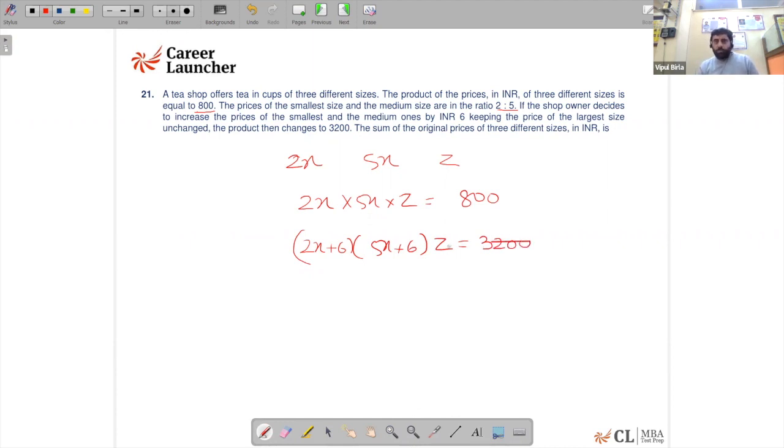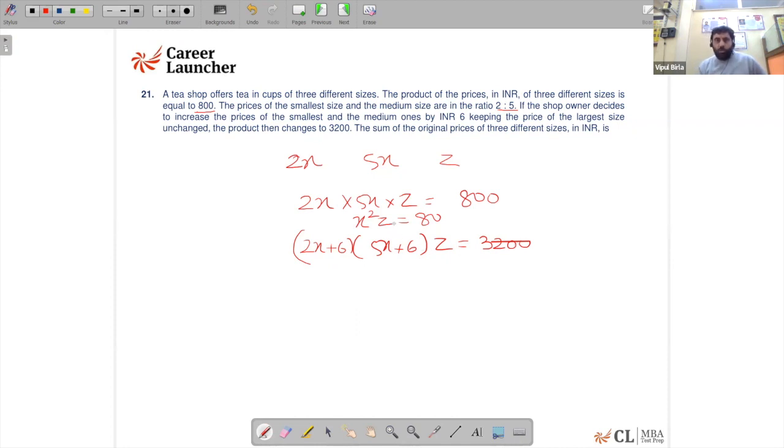With these two, I'm supposed to calculate the values of x and Z, because two unknowns are there, and basis that we'll be able to calculate it. So let's simplify. I end up getting x square Z is equal to 80, and here it is coming out to be nothing but 2x plus 6 into 5 is equal to 3200.